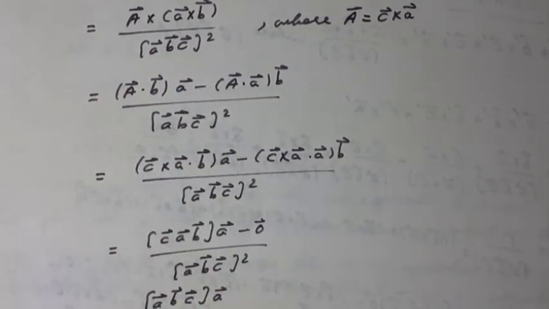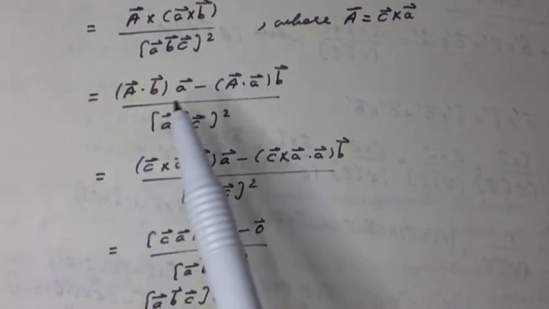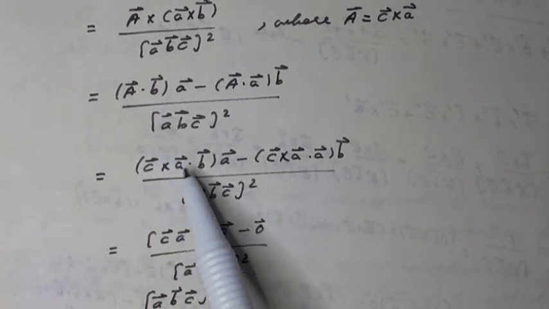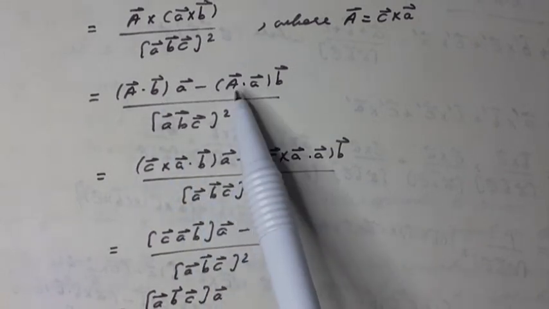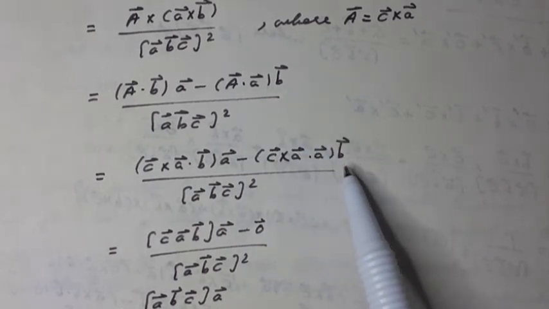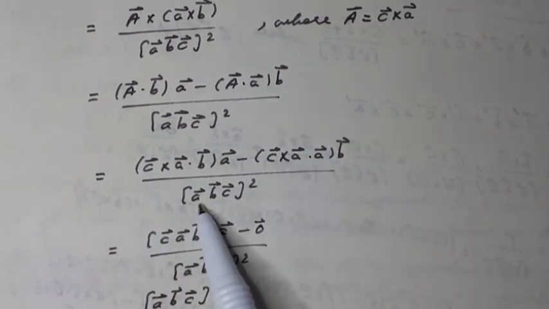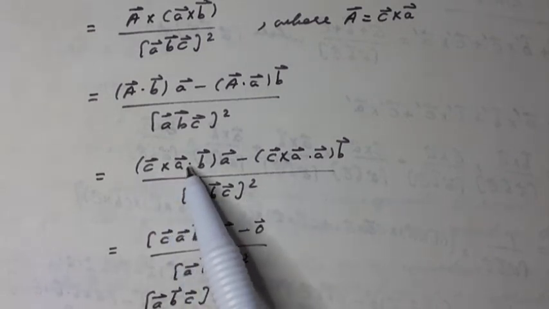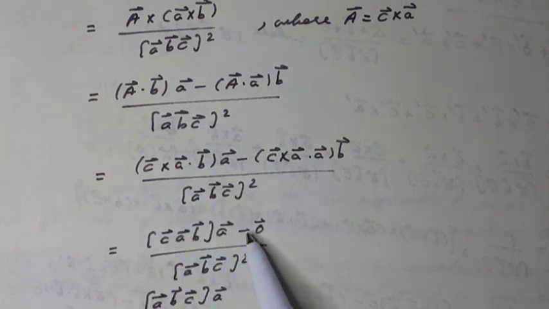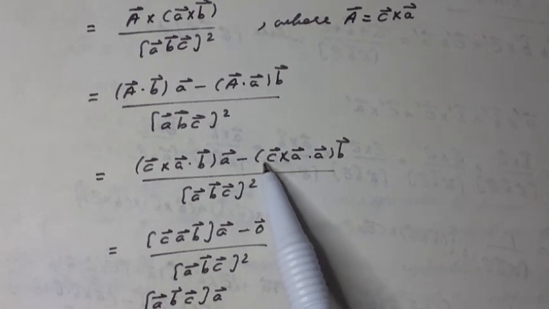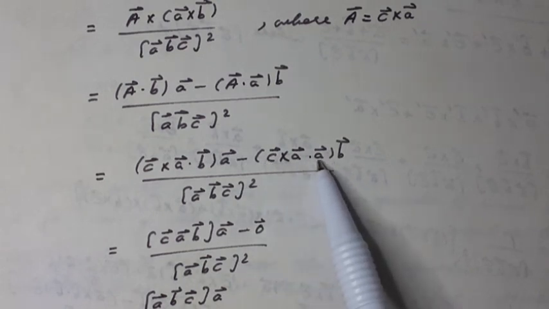Since A = c × a, it equals ((c × a) · b) a − ((c × a) · a) b over [a b c]², which is [c a b] a − 0 vector, because this scalar triple product is equal to 0 as two vectors are the same.